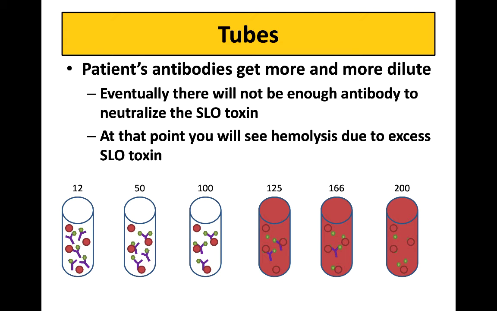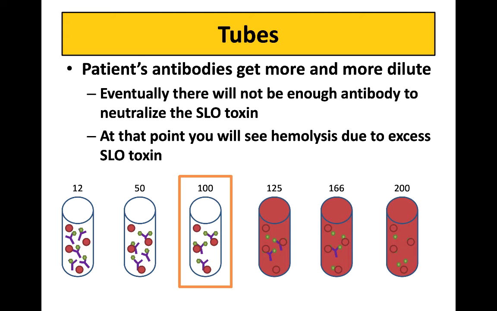And that would indicate to me that there's probably a very current or recent infection. So the longer it takes for the tubes to hemolyze, the more concentrated the patient's antibodies are in their serum sample, because we're really diluting it out, and even diluting it doesn't make it weaker.